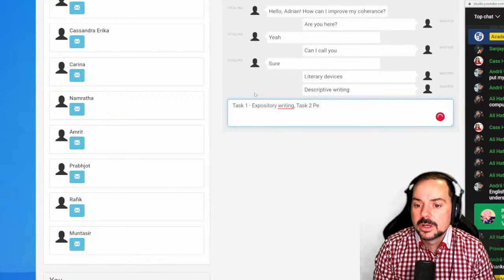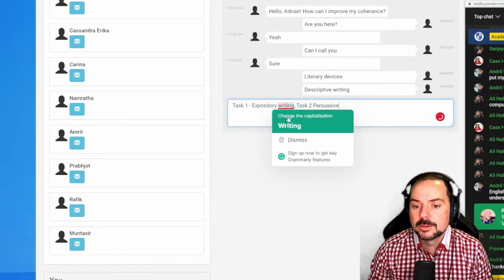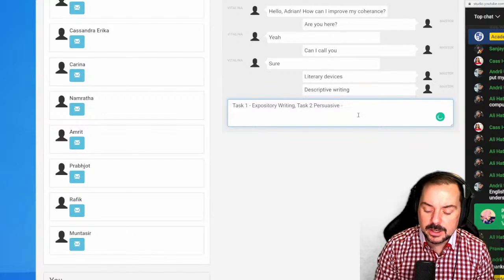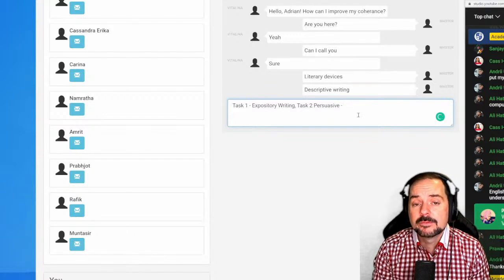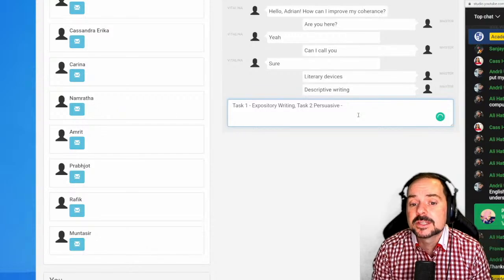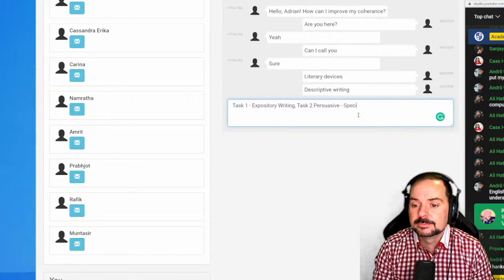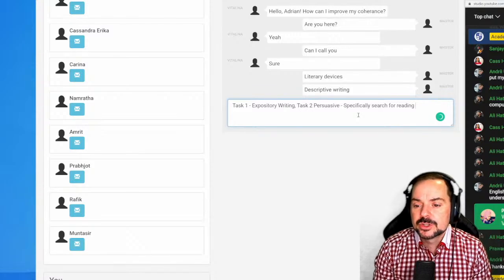So when you're doing reading, read essays from authors in these styles. Specifically, search for reading materials which are these kinds of styles. What's your major in school?